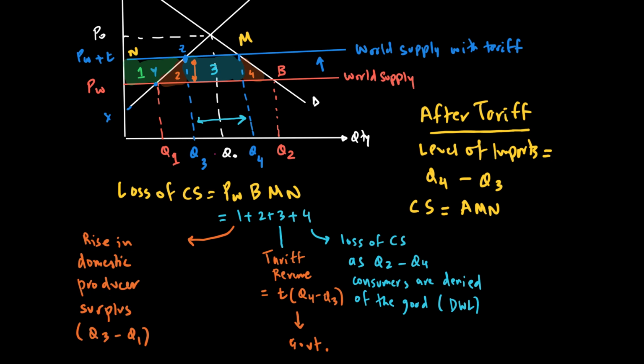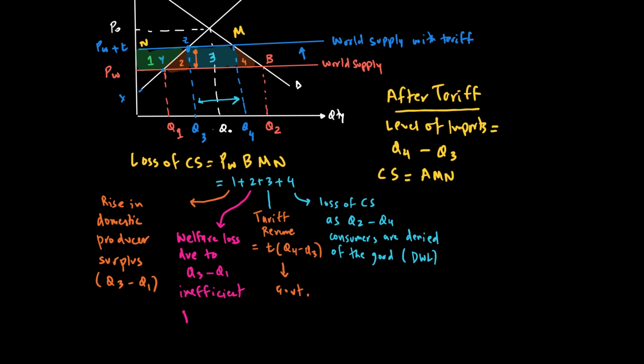Are they efficient? And the answer is no, they are inefficient, and that is exactly why for us area 2 is basically what we call welfare loss, or you sometimes also call welfare loss due to Q3 minus Q1 inefficient producers producing more.